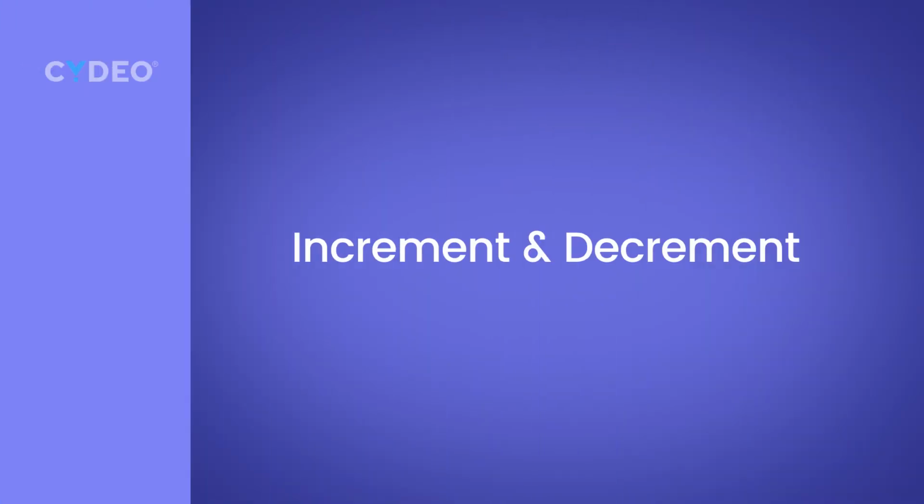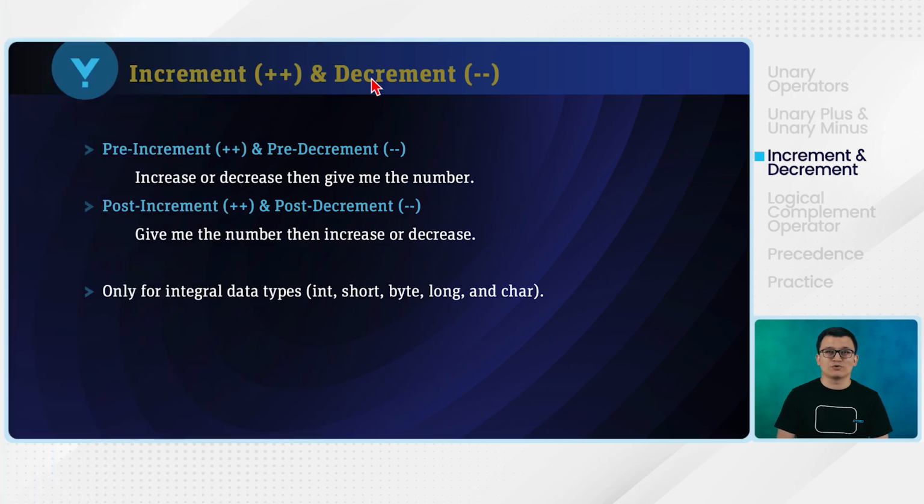And the increment and decrement operators are used for increasing or decreasing the values. But when it comes to increment and decrement operators, there are 2 types of increment and 2 types of decrement. First one is pre. We have pre-increment and pre-decrement. And then we have post-increment and post-decrement.